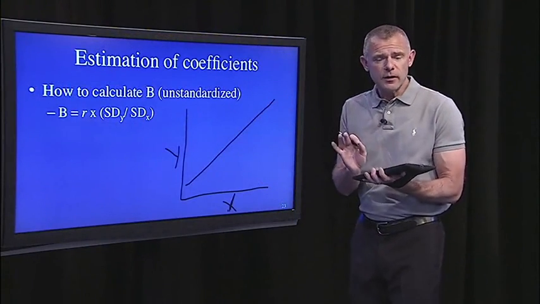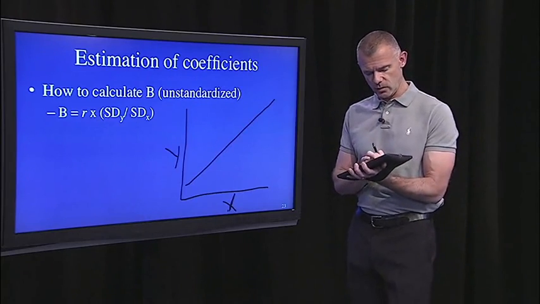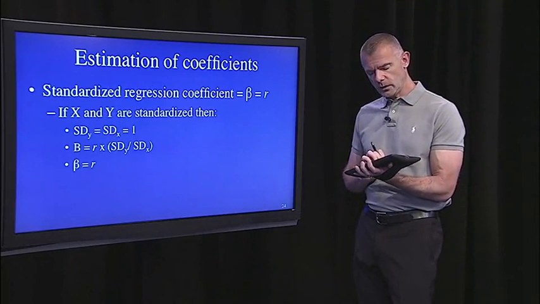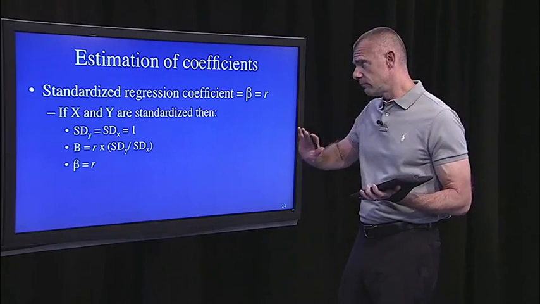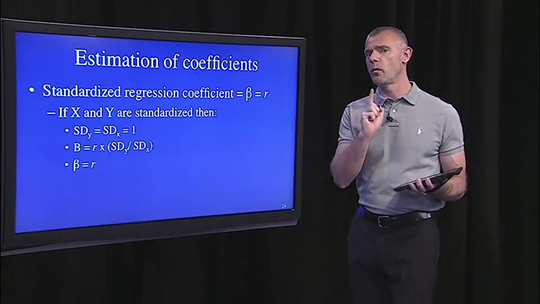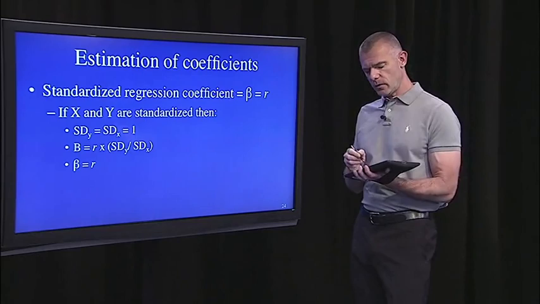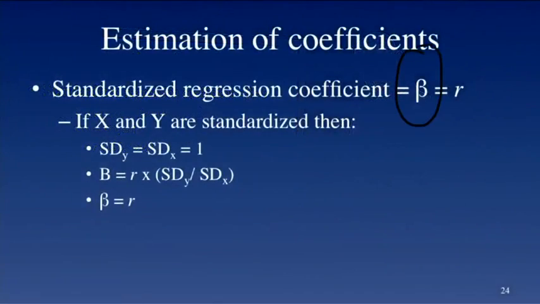It gets even easier if we want to look at the standardized regression coefficient. In simple regression with just one predictor, I'll refer to that as beta. And that's a common notation across statistics, to use beta for the standardized regression coefficient. If we just have one predictor, then beta will equal r. It will be the same as the correlation coefficient.